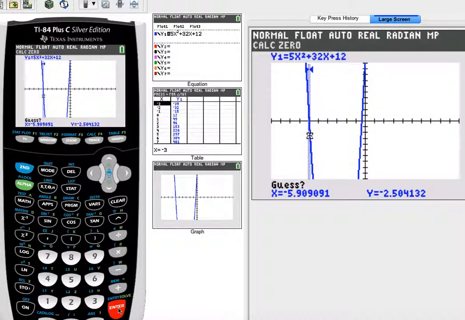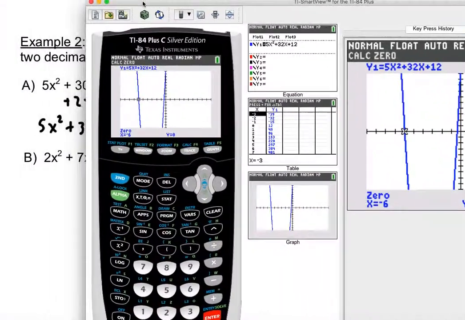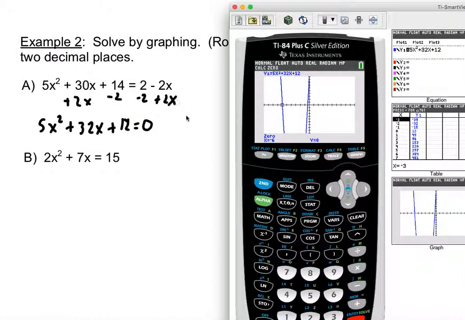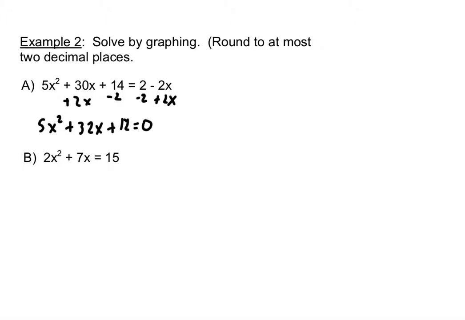Enter. Enter one more time. And it's going to put it exactly where we want it. So that is the x-intercept there. It's sitting there at -6. So one of my answers is going to be x equals -6.